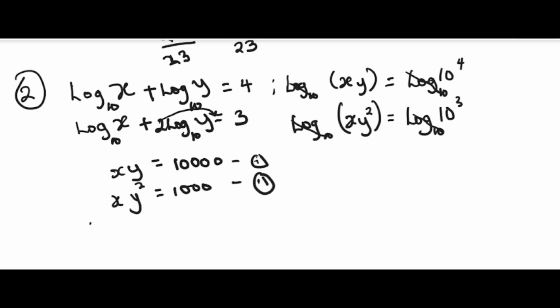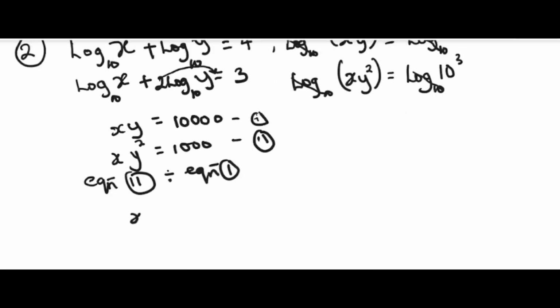Okay, if you have equations like this, you divide. So dividing equation 2, you can actually do it the other way around. Equation 2 divided by equation 1, we would have xy squared over xy to be equal to 1,000 over 10,000.